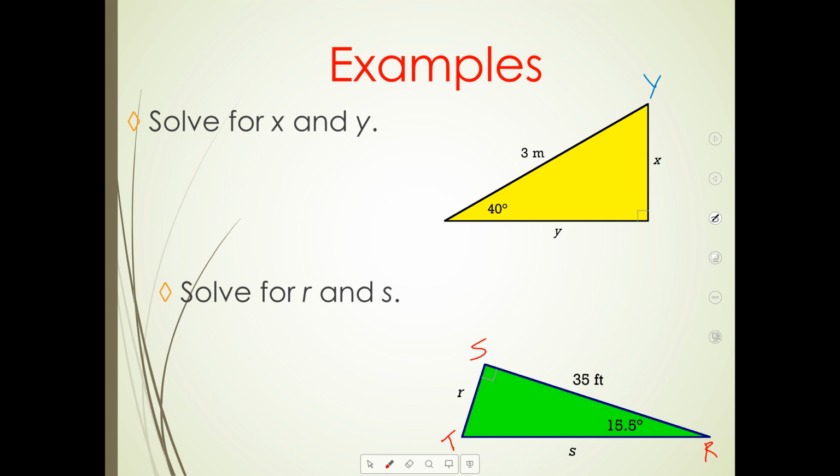Okay, I'm trying to find R. R is opposite to start out. And then what is 35? 35 is adjacent, opposite adjacent. R and 35.